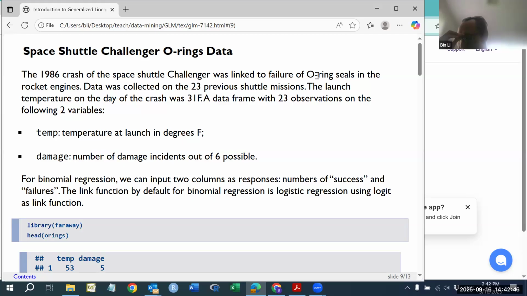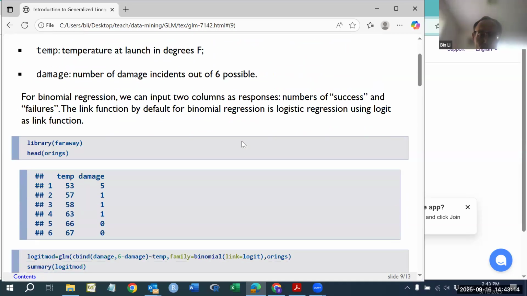So you can see from this study why the Challenger crashed: on that day the weather was too cold. When it's cold, the chance of the O-ring seal having a problem is much higher. This is a real data set, but connected to a sad accident.